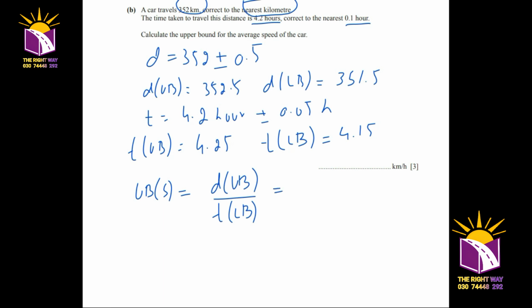So it will be 352.5 divided by 4.15, which will be equal to 84.93 kilometers per hour. So your answer will be 84.93 kilometers per hour.